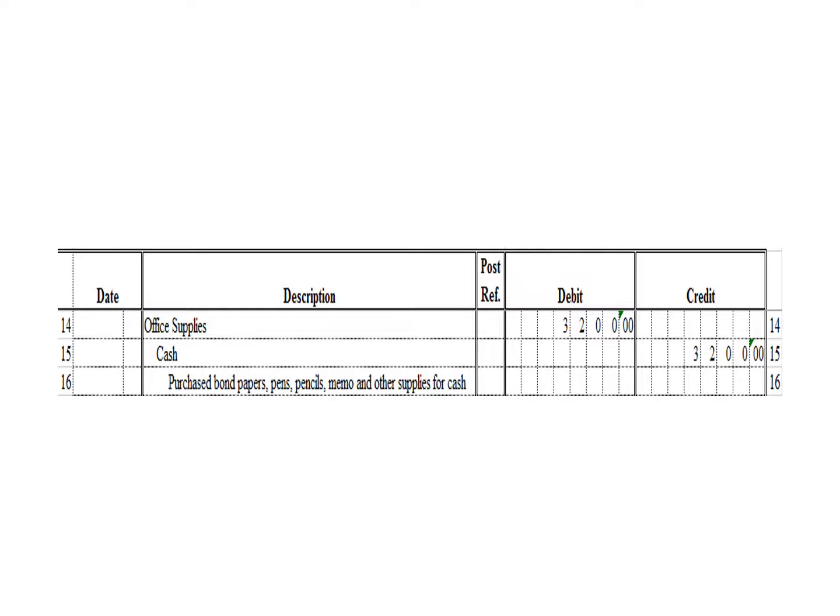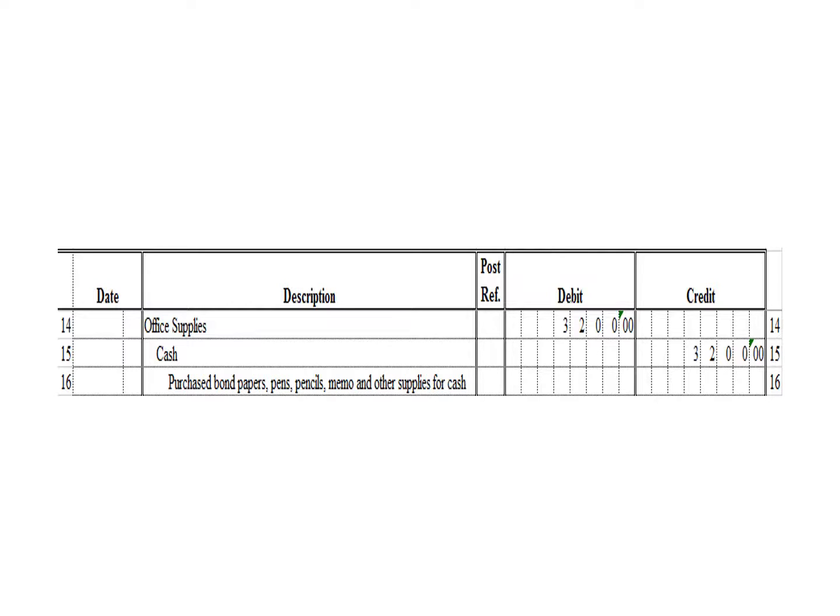This transaction occurred on March 4. Since our previous transaction also occurred on March 4 and we had already written the date March 4 on that transaction, we don't have to write that date again. So we can just leave the date column for this transaction without any data.